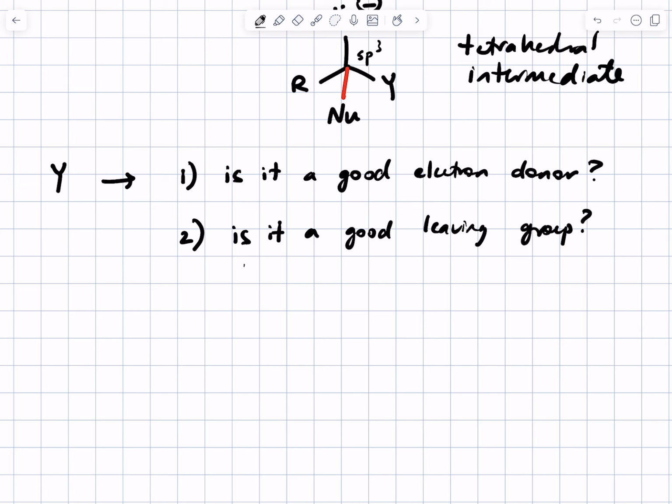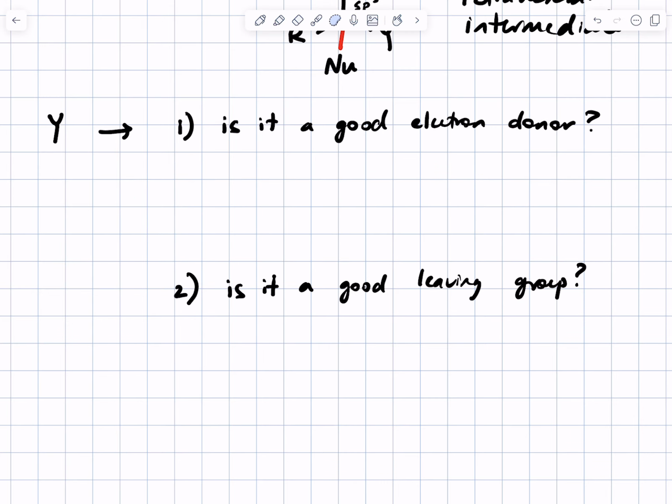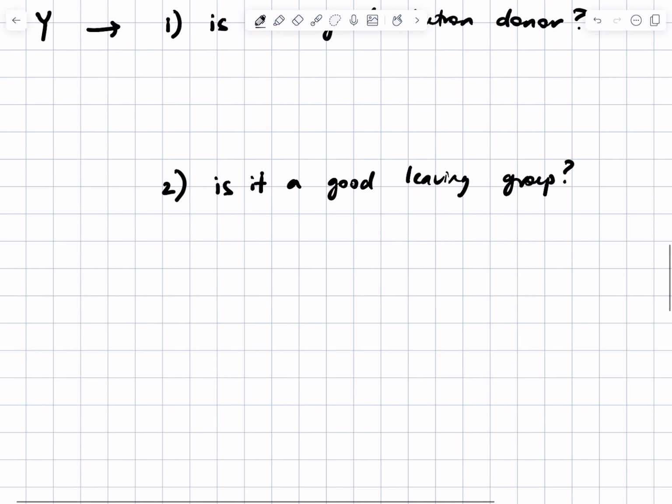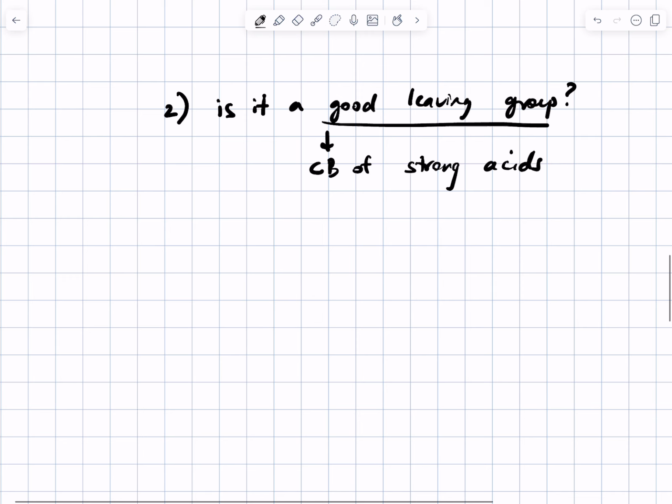Again, for good leaving groups, we'll start with that one because it's the most familiar. Good leaving groups are conjugate bases of strong acids. So let me give you a short list of good leaving groups.